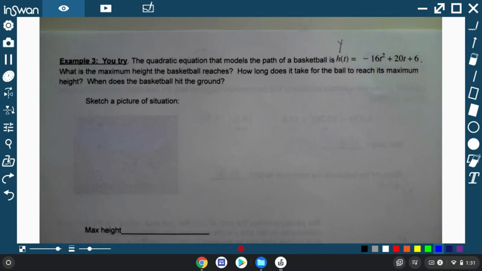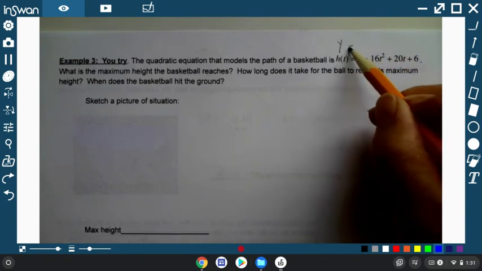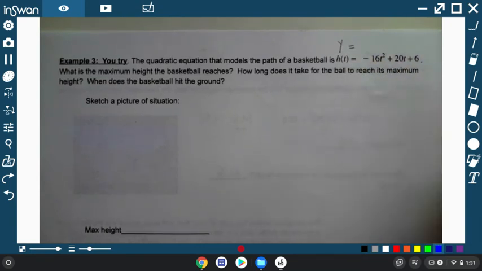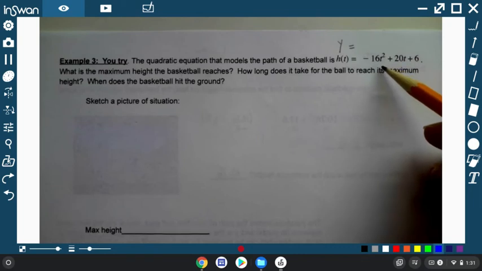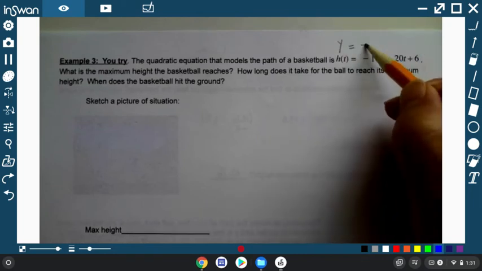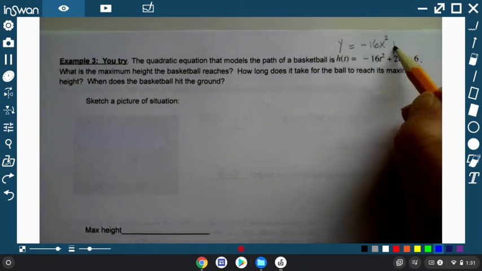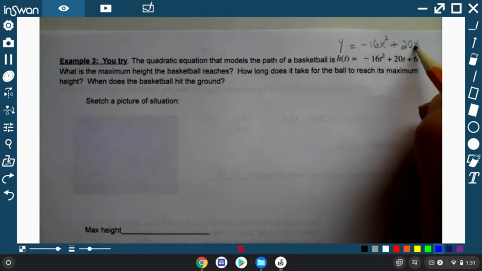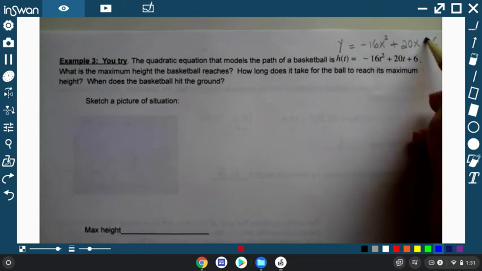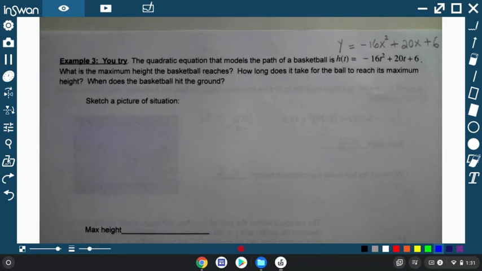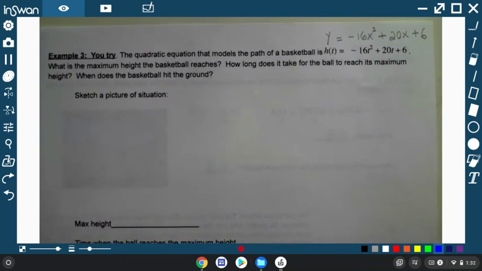That's our output, our result. And when you're graphing on either a graphing calculator or Desmos, we don't use t's. We do use x's for time. So you want to type in negative 16x, use the exponent key, squared, plus 20x plus 6. This is what you're going to type into Desmos, okay? So pause, give it a try, and then replay the video.